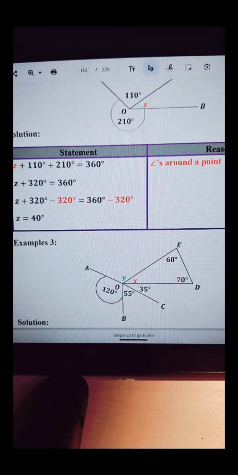Grade 8, 9, 10, 11. XYZ continuable. Nice job.